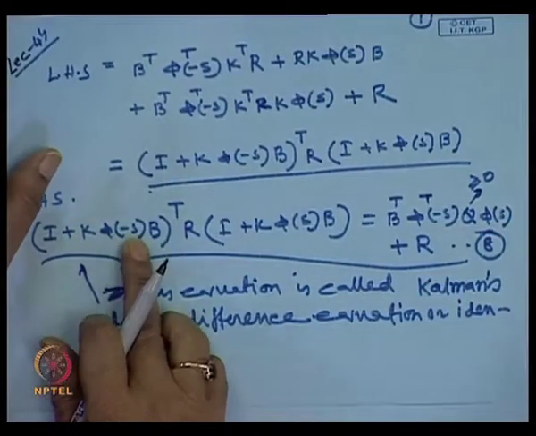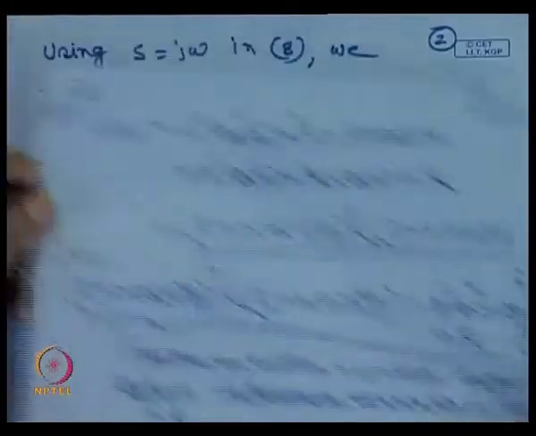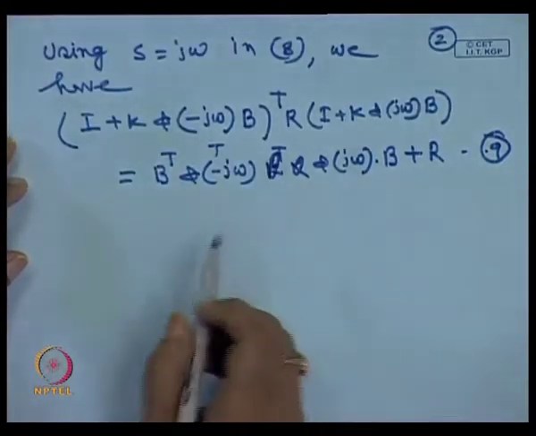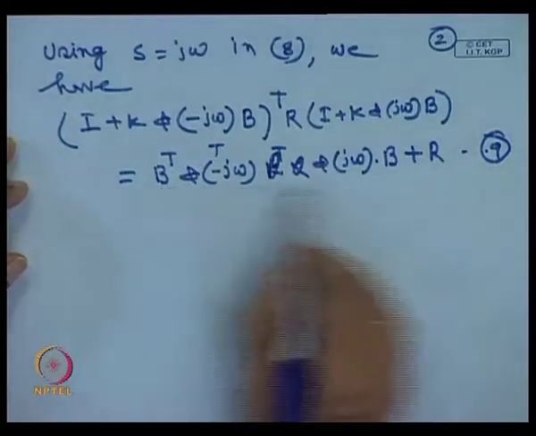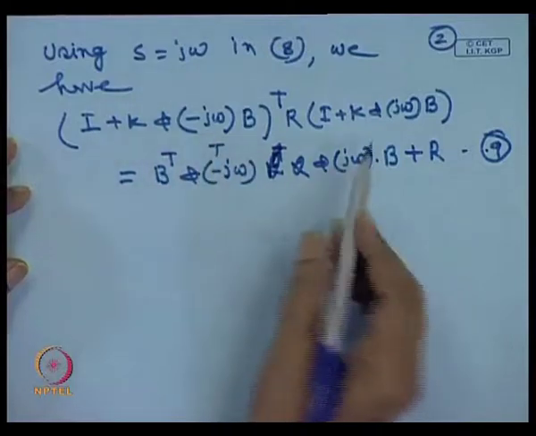Putting the value of S equal to j omega in the frequency domain, this is the Kalman return difference equation. I just placed S equal to j omega.